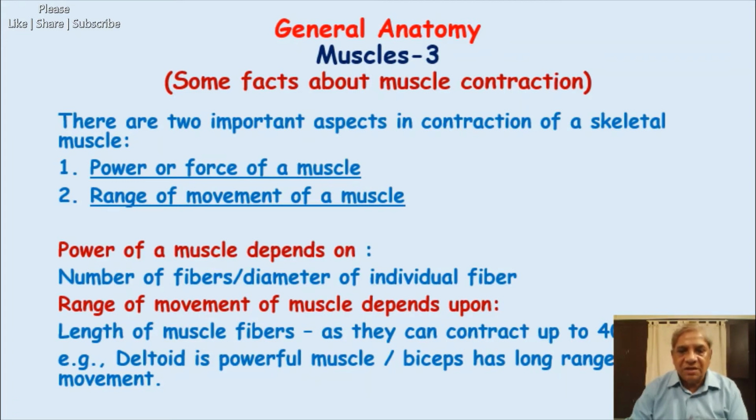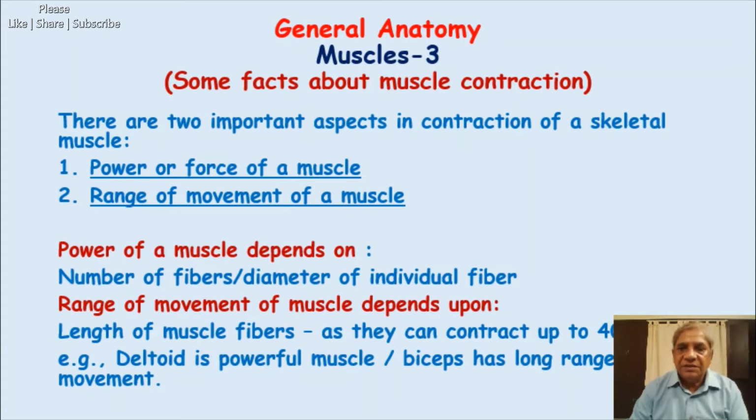So they are involved in a wide range of movements, which is possible because of the contraction of those muscles. So muscles adapt: they become multipennate when power is needed, and they become long with long parallel fibers where range of movement is needed.